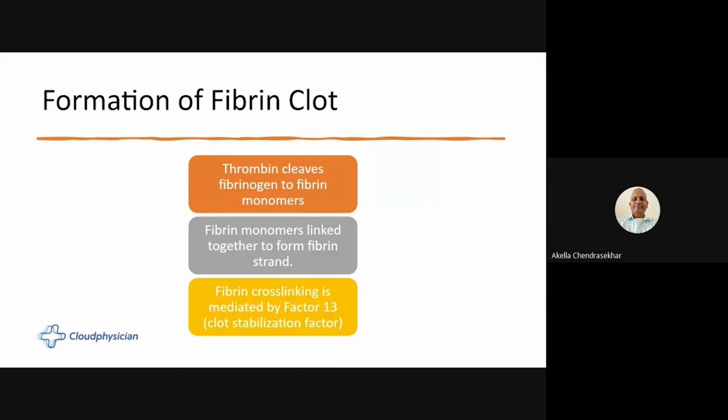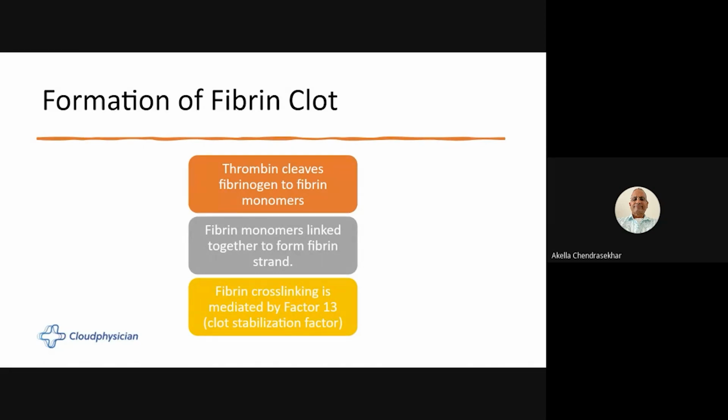Next slide. How do we make a fibrin clot, right? Again, thrombin cleaves fibrinogen into fibrin monomers, and then the clot is stabilized by factor 13. Now, if I have a deficiency of factor 13, where is factor 13? It's in fresh frozen plasma, and it's produced by the liver.